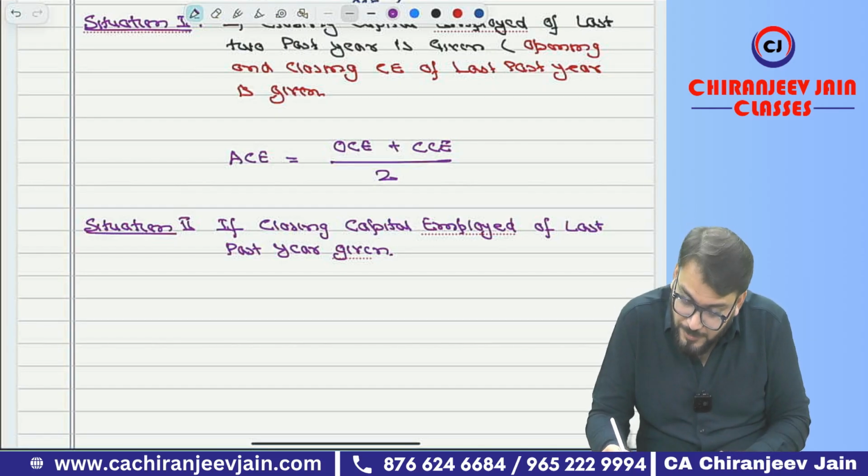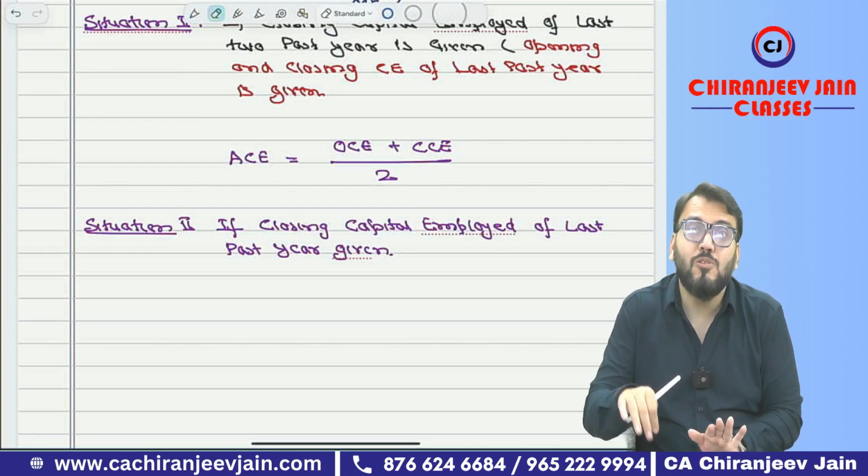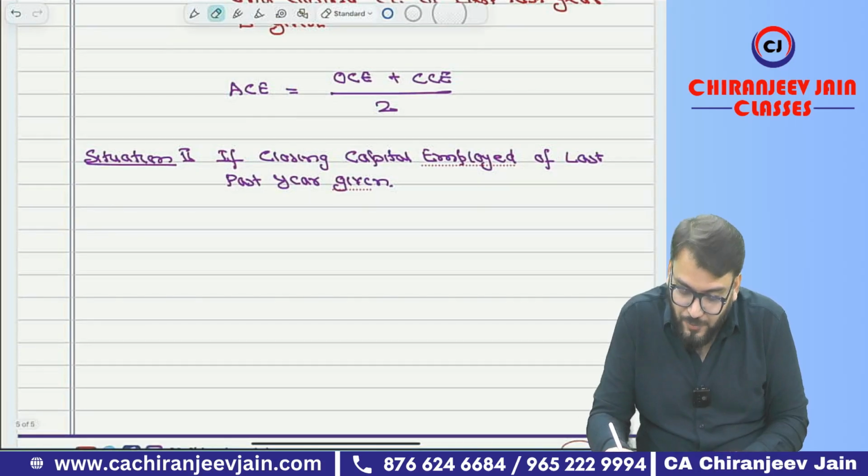Got this point? It means opening capital employed is not given. In that case, how to calculate average capital employed? For that we have one formula.